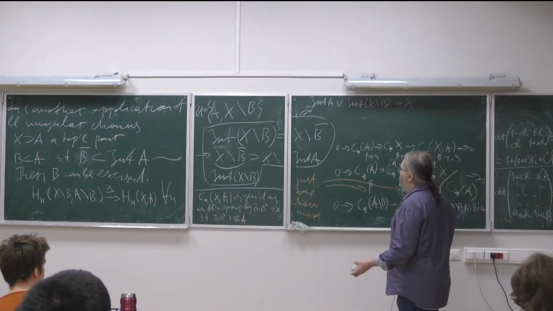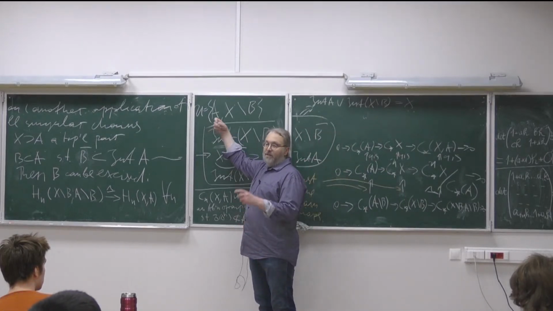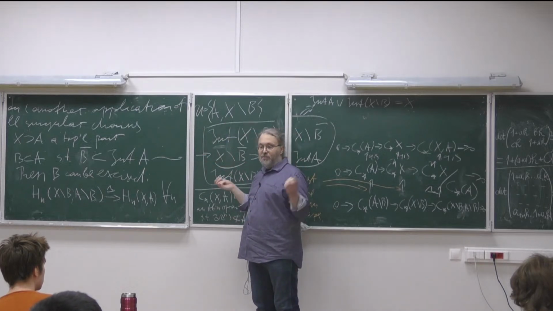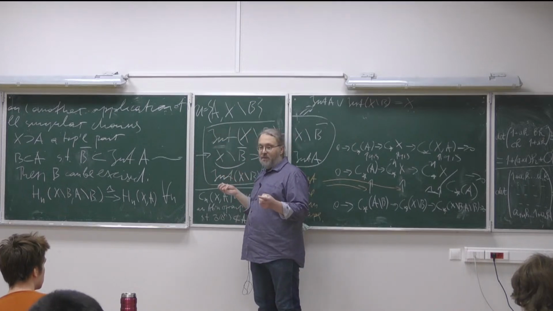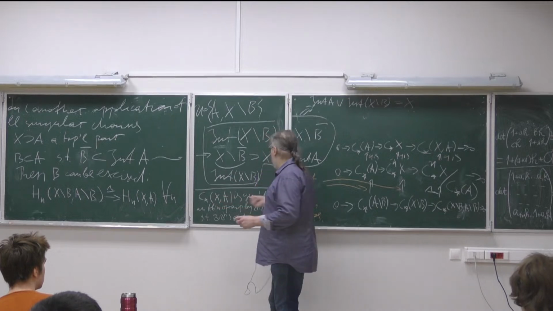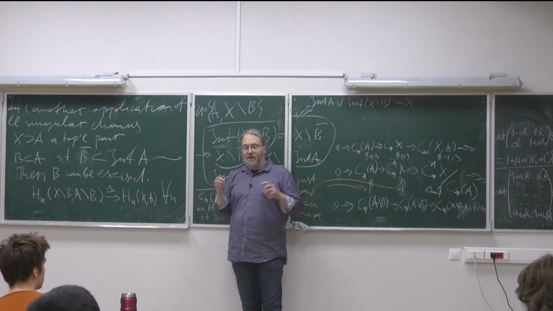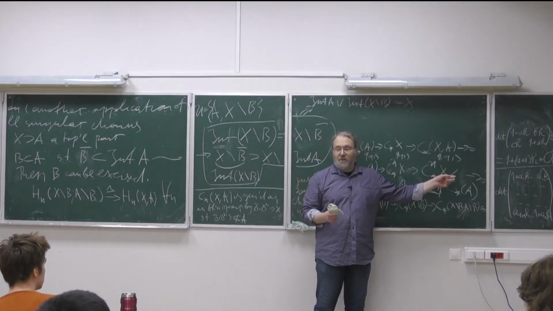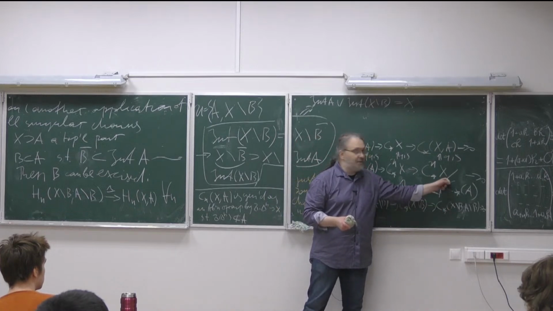What do we have? We have singular simplices which come from A. These have been quotiented out. So what remains is singular simplices which come from X minus B, and we quotient out those which come from A, in other words, which come from A minus B. So as abelian groups, these two are the same. And from the diagram we see that we have a chain map from this one to this one.